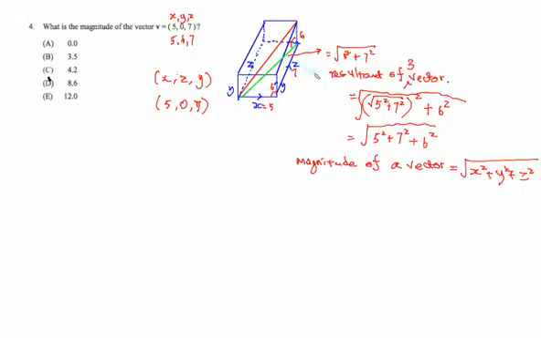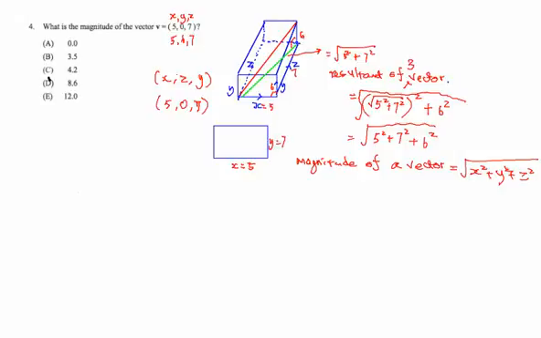If this is the case, basically z becomes 0. If I define z equal to 0, the vector actually becomes a 2D vector. So this x equal to 5, this y equal to 7.